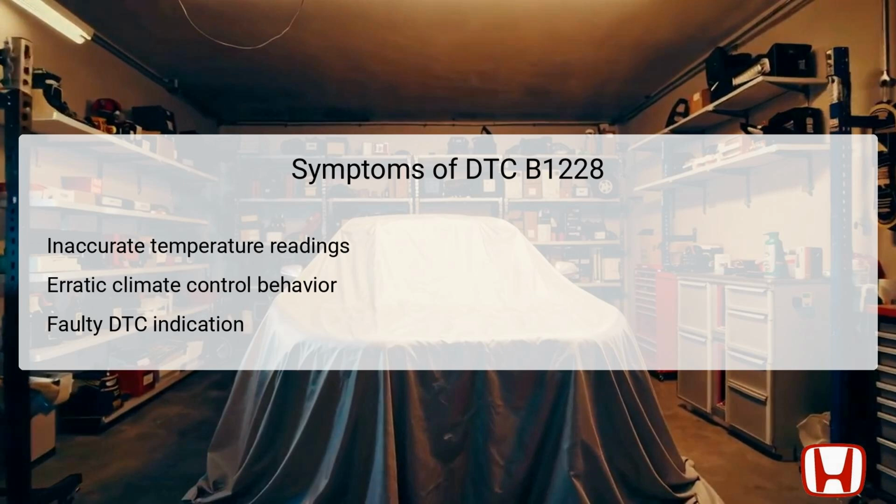Moreover, the climate control system may exhibit erratic behavior, such as inconsistent air conditioning performance or abrupt changes in fan speeds. In some cases, the DTC indicator may illuminate in response to the fault, alerting the driver of a malfunction in the system. Understanding these symptoms can assist technicians in swiftly identifying the presence of DTC B1228 and targeting the correct components during troubleshooting.